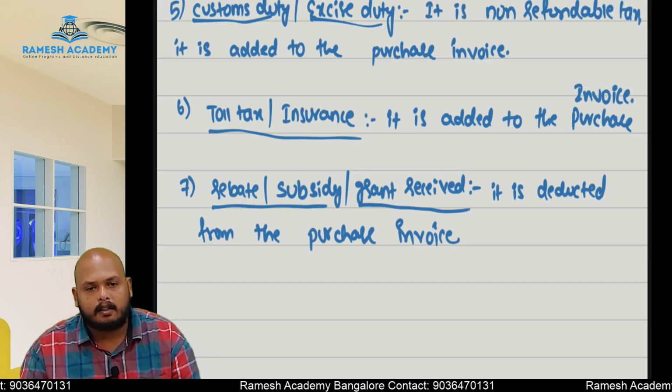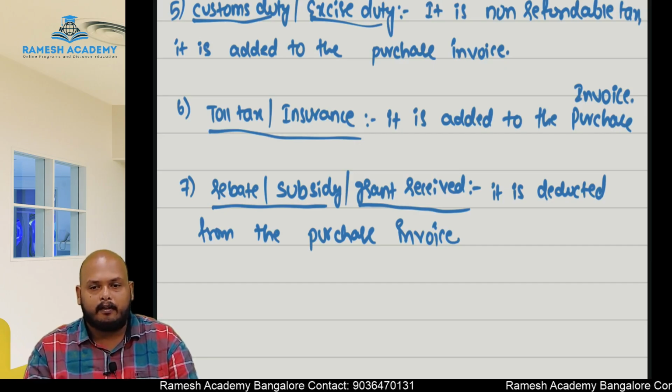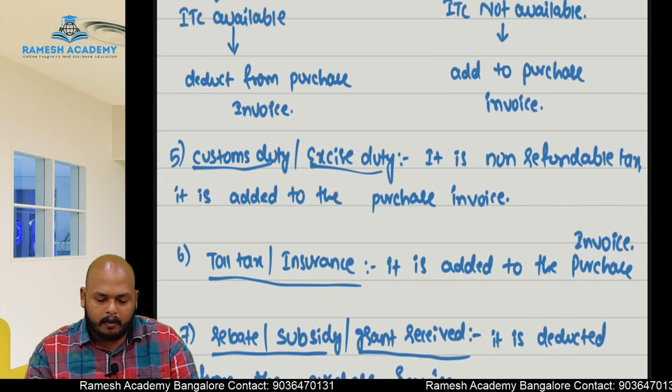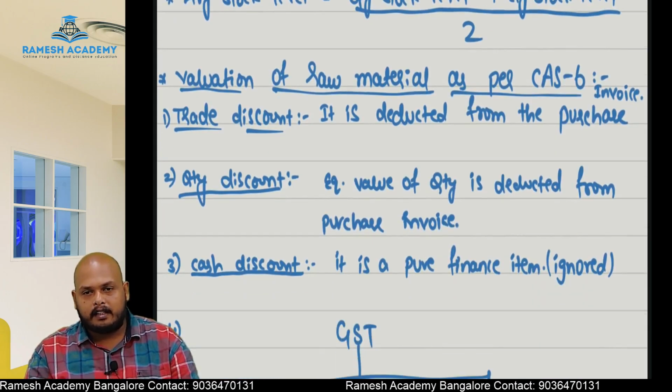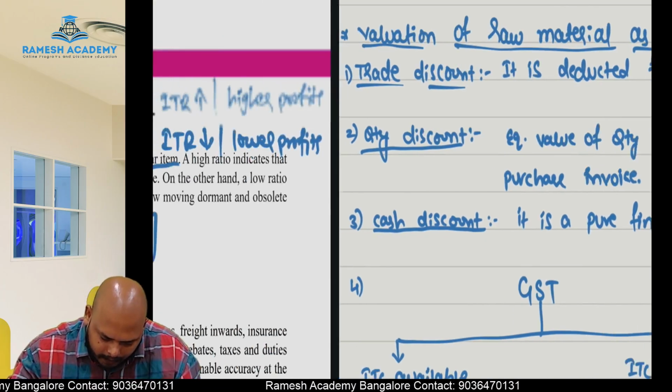If any rebate or subsidy or grant is received, then it is to be deducted from the purchase invoice. Okay. So these are the points which you have to keep in your mind for the first point. And this is the explanation for valuation of material receipts as per cost accounting standard 6. First point number 1. Let us see further points.